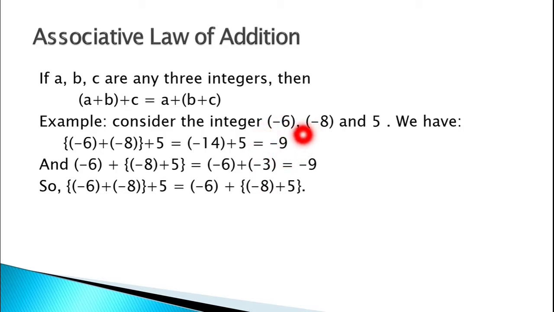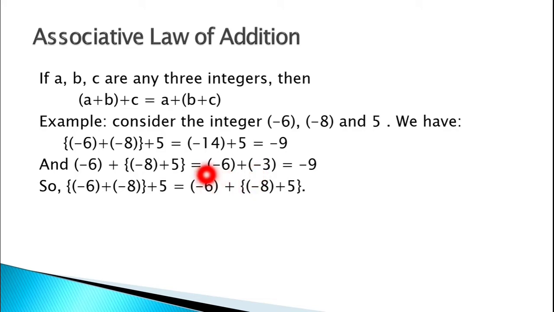Now in the next step, what do we have to do? We have to add minus 6 to the resultant of minus 8 plus 5. So you can see here minus 6 plus, within brackets, minus 8 plus 5. It can be written as minus 6 plus, we know that minus 8 plus 5 gives the resultant of minus 3.